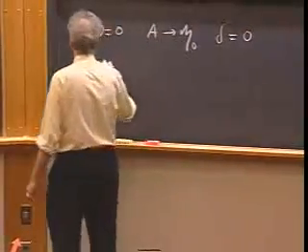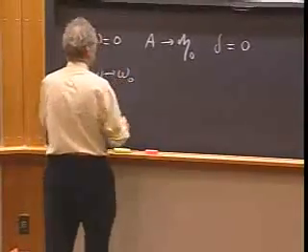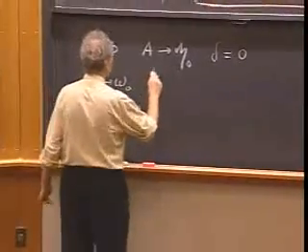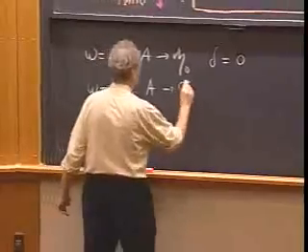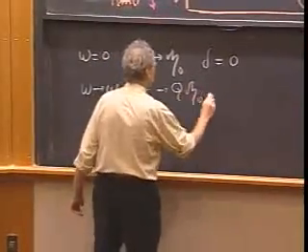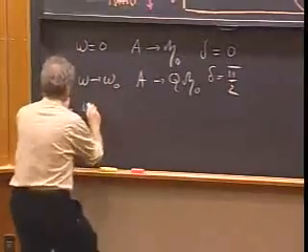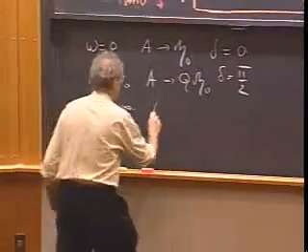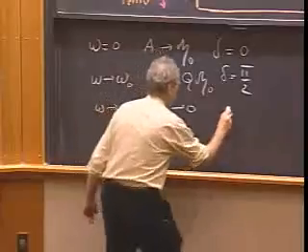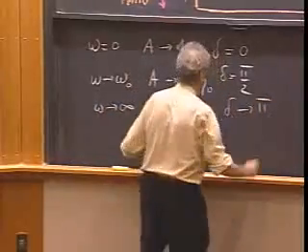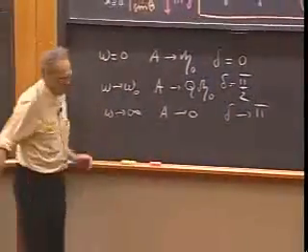And so now we can make a quick prediction that at resonance you probably get Q times eta 0, and then delta would become pi over 2. And when you go to very high frequency, then A would go to 0, and then delta would go to pi. And this is what I want to demonstrate to you.